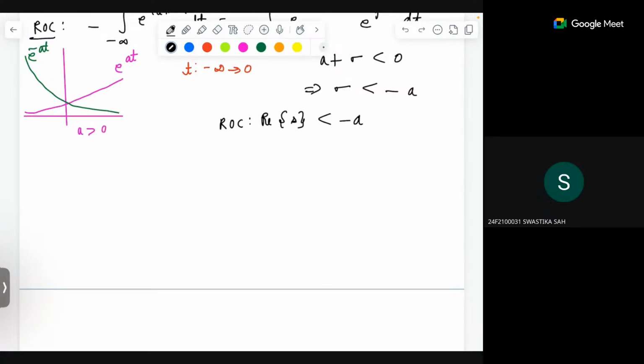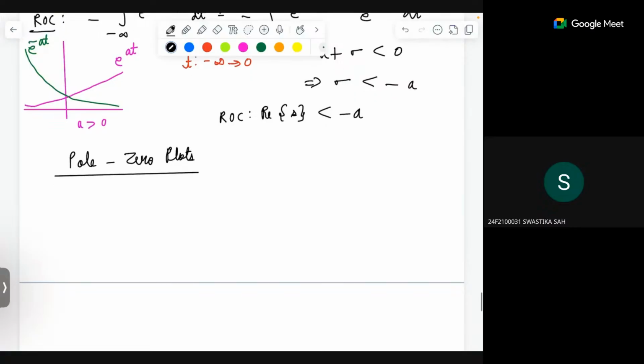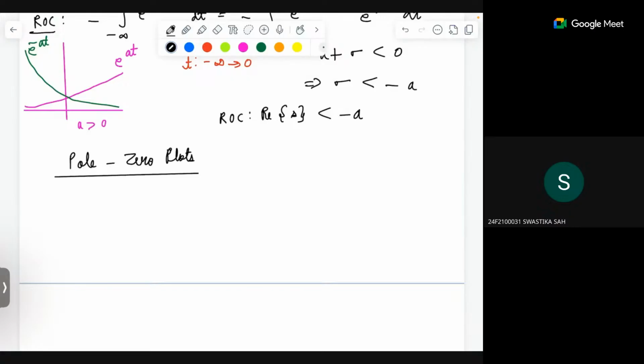Now, the next thing that we have to discuss is pole zero plots. Suppose we have a rational Laplace transform X of s, or rational X of s. It is rational, so it can be represented by a numerator and a denominator polynomial.